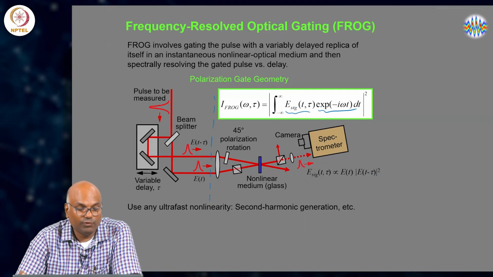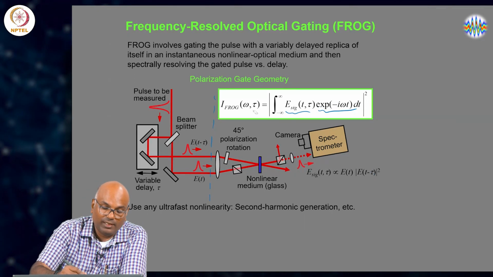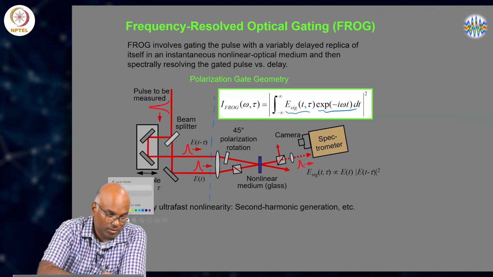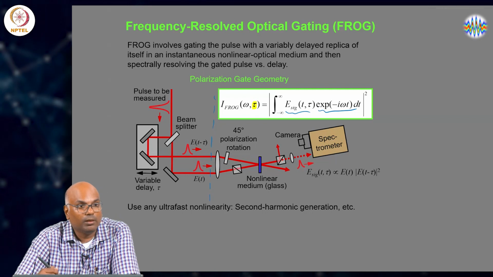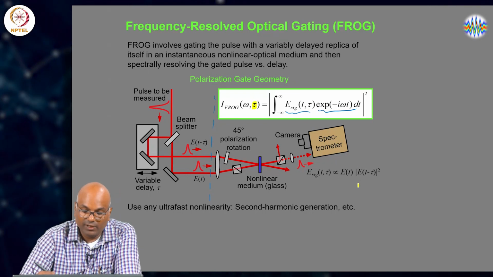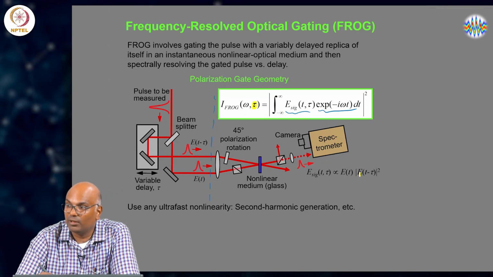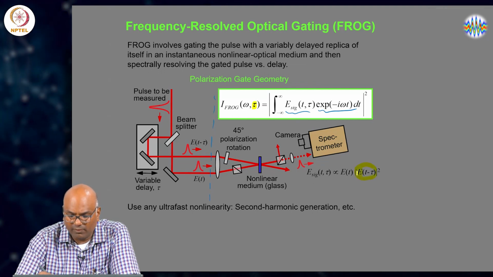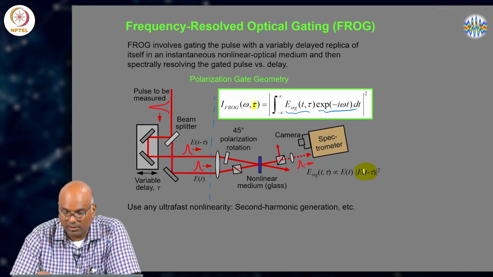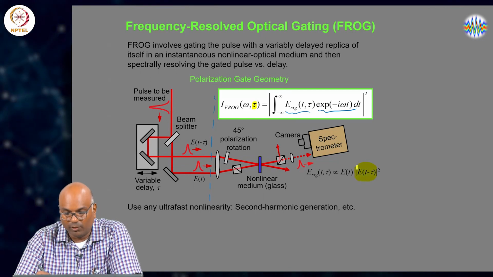The trick therefore now is to create a delay tau, okay, and you create a gating function. The gating function, we realized a good gating function is something of the order of the pulse itself. Here this is not the field of the pulse, this is the intensity envelope of the pulse.